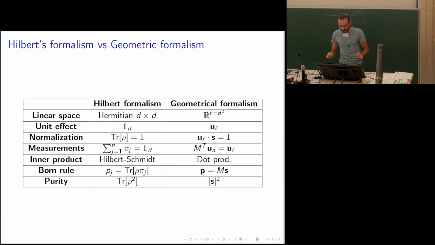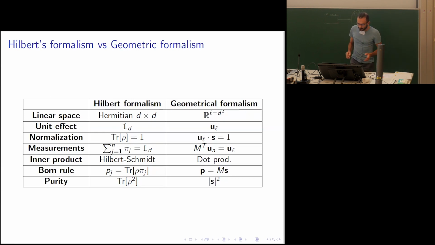So the space of states and the space of probabilities are basically the same. Then we have normalization. Like I said, states live in a hyperplane orthogonal to the unit effect because they have probability 1 on that effect. This is translated in the geometrical formalism by that simple condition: the inner product of states with the unit effect is 1. So this is giving us the geometry of the situation.